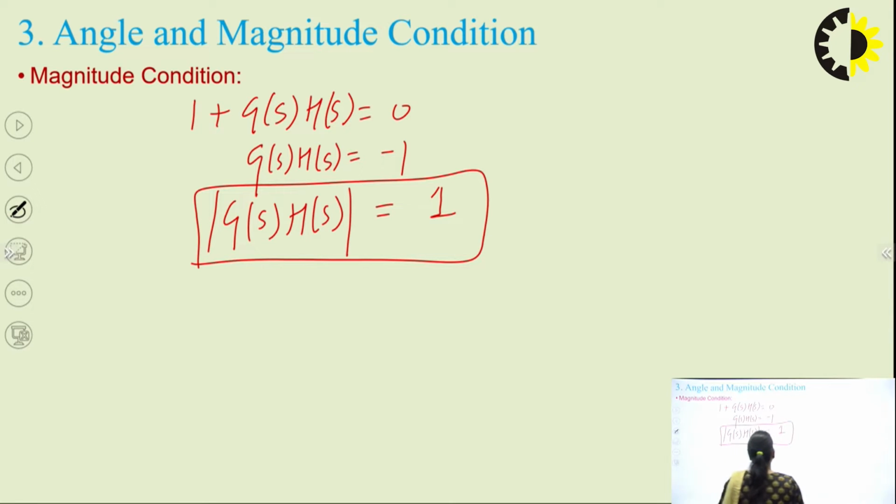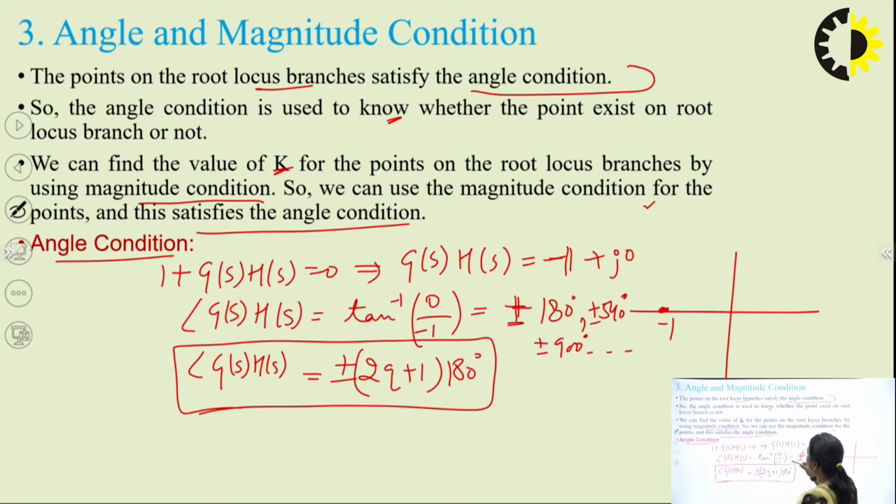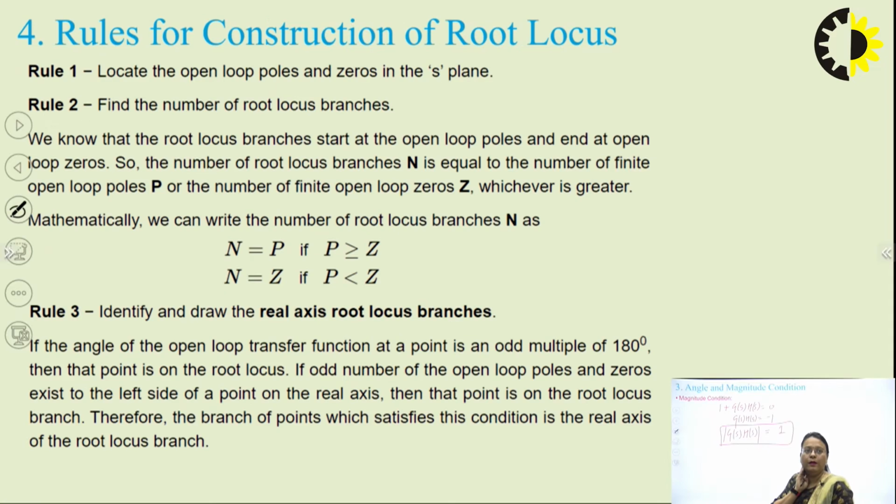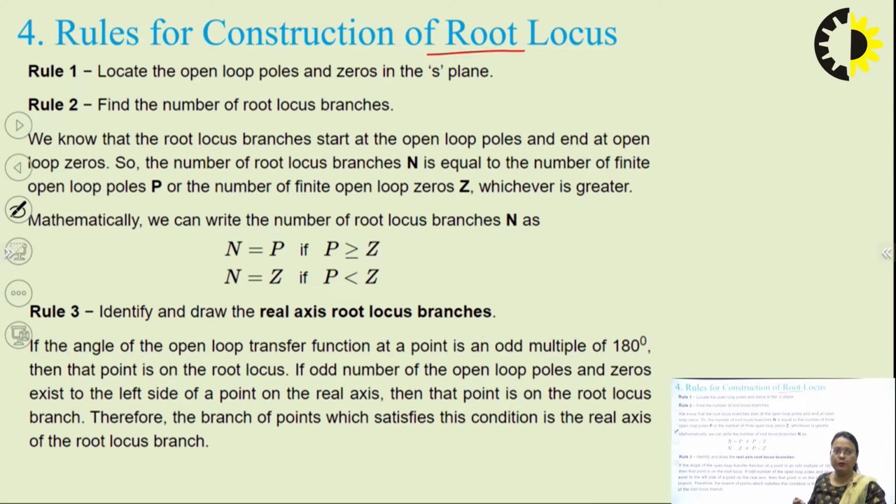So we can say that the magnitude condition for different values of K on the root locus can be determined by using the magnitude condition, which is mod of G(s)H(s) equals 1. Now coming to the rules of the construction of the root locus, there are many rules for the construction of root locus.